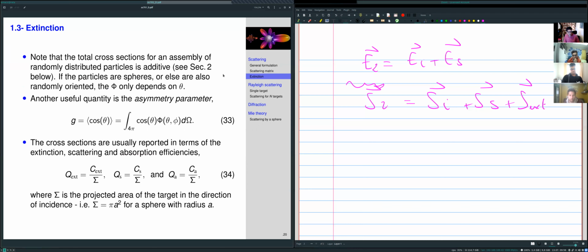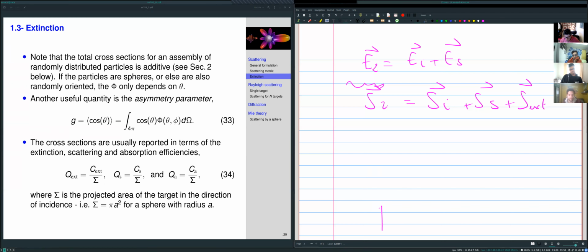Then the phase function will only depend on the scattering angle theta. Even if the obstacles are not spheres, as long as they're randomly oriented, on average, the phase function will only depend on theta. So this is what I'm trying to say here.